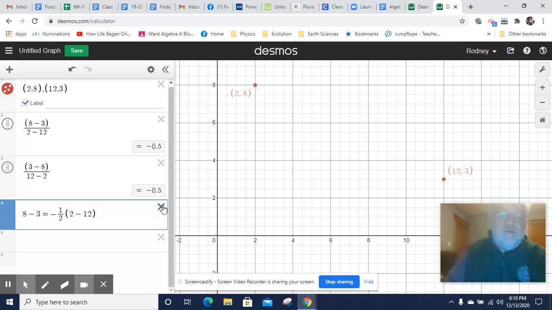If you get rid of your variables, nothing's going to happen. It's just a true mathematical statement. 8 minus 3 is going to equal -1/2 times the difference of 2 and 12. That's just going to be true. But it isn't an equation that makes a line. So if you want a line, you need your x and your y variables.